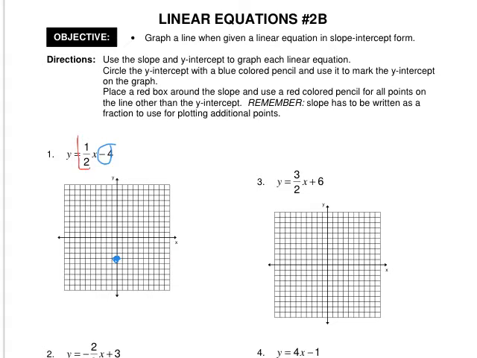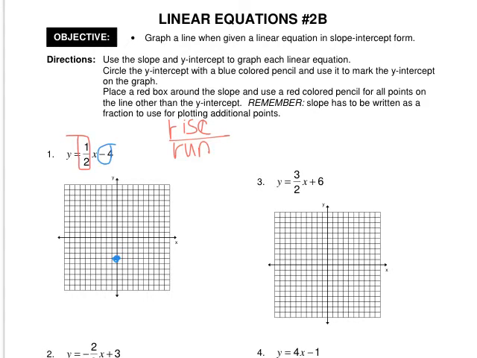Our slope is 1/2. Remember, slope is rise over run. So that means that from this point, we should go up 1 and then over 2 to our next point.